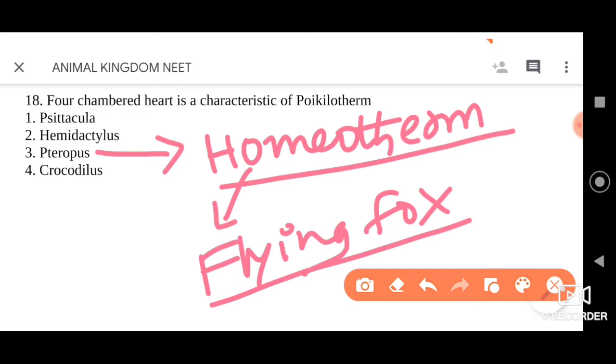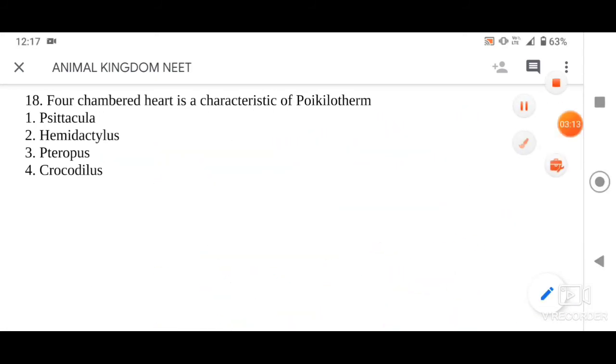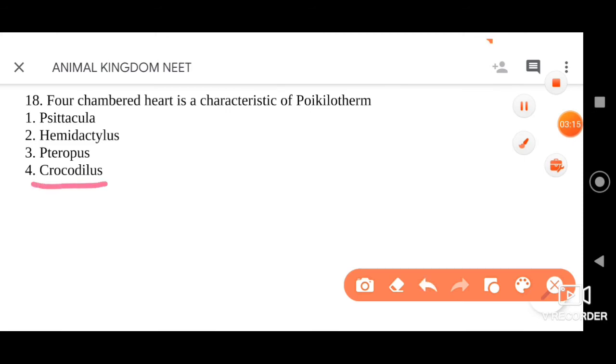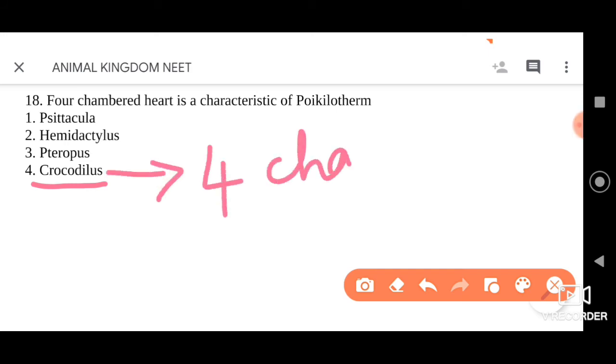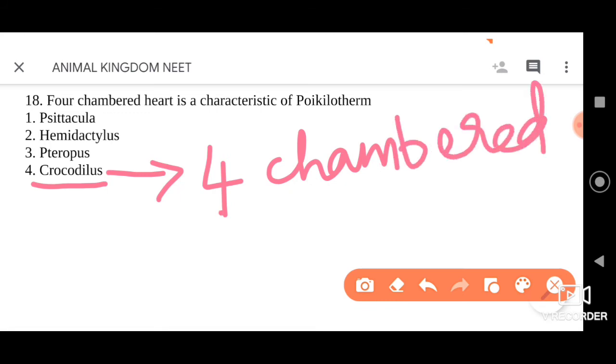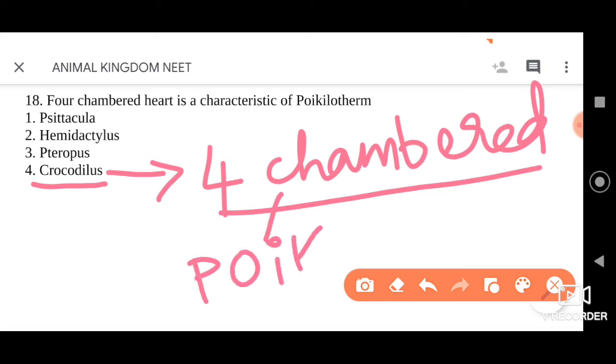Okay, so moving on to the 4th option, we have Crocodylus. So here this is the only reptile which has a 4-chambered heart, and it is a Poikilotherm. So it is a cold-blooded animal.